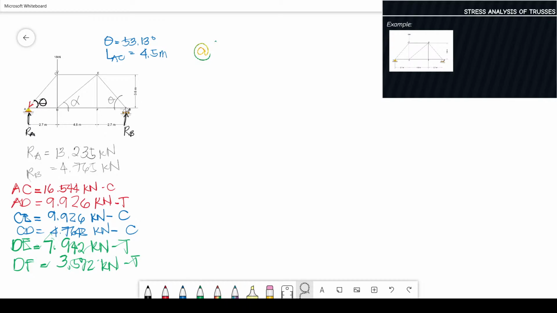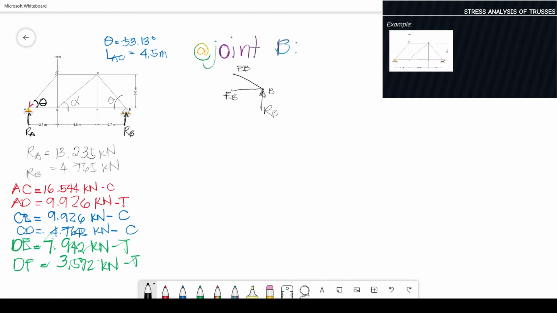So let's proceed at joint B. So matagal-tagal talaga. So at joint B, so again, so we have our B, then this is FB and EB. Remember EB.